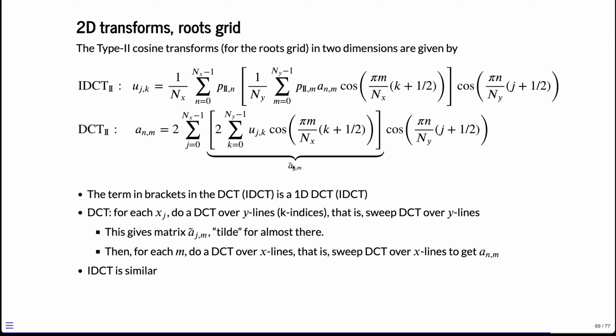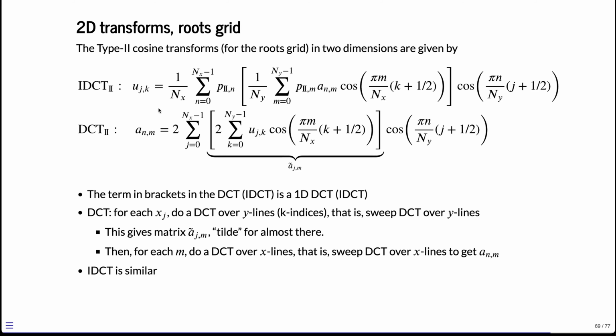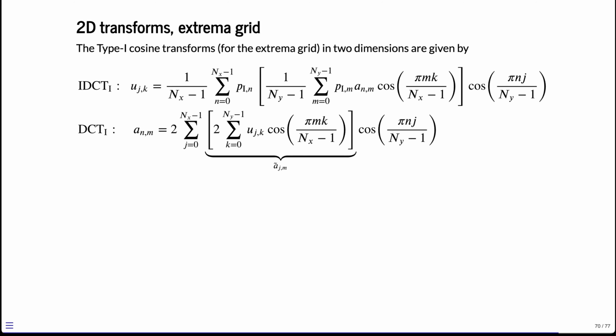Once we compute these, we sweep over x lines for each m value to convert the x into n. And similarly for the inverse transform. So this is for the roots grid. For the extrema grid, it's shown here and is similar.